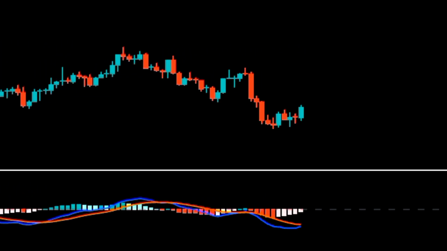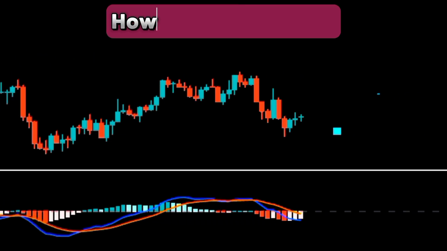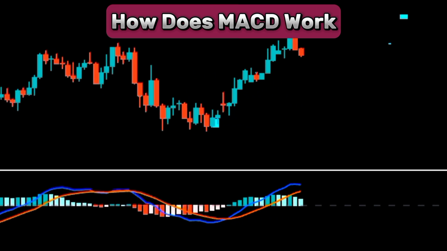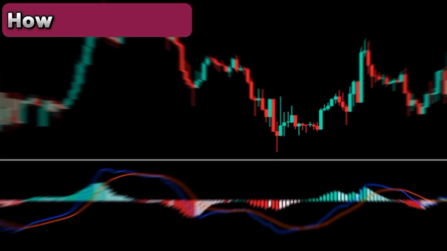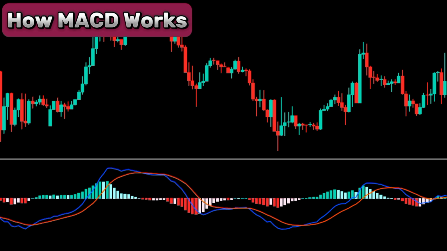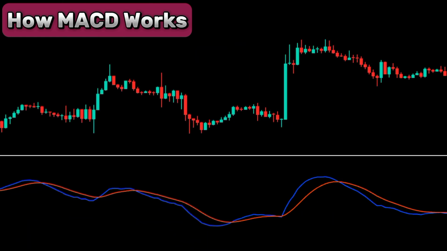And now that we know how to apply it on the charts, the question that pops up is, how does the MACD work? Alright, since you asked, let me show you how it works. As you look deeply at the indicator on this chart, you can see that there are four components to the MACD indicator. First, we have the two moving average lines, which are called the MACD line and the signal line. I know what you are thinking, but hey, they are not the same.